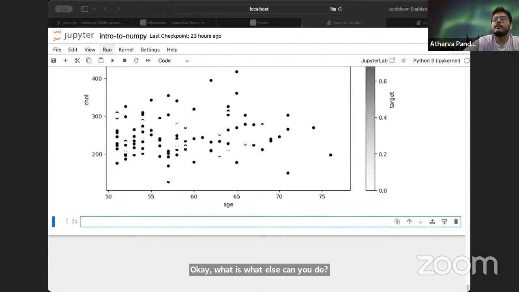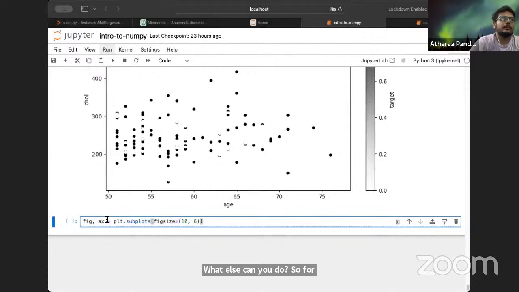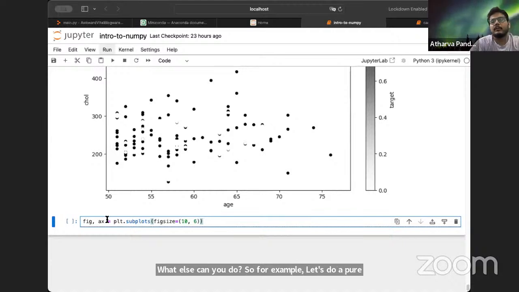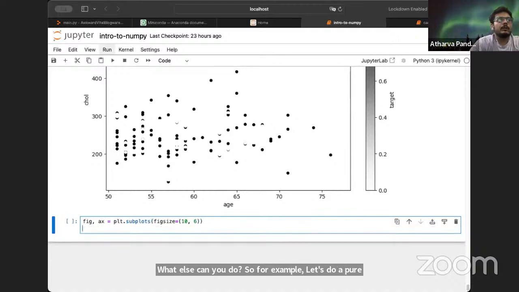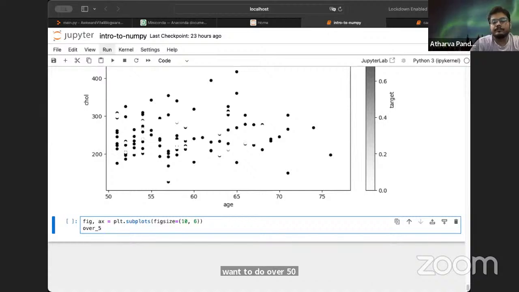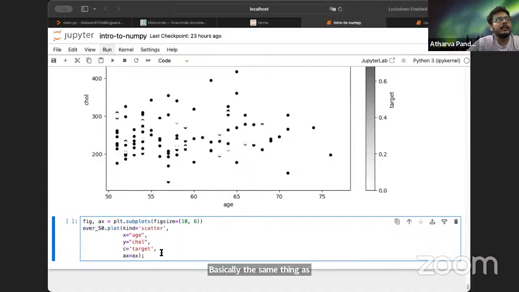So for example, let's do a pure subplot method. This is the OO method. So we want to have a figure of size 10 and 6. We want to plot basically the same thing as above.